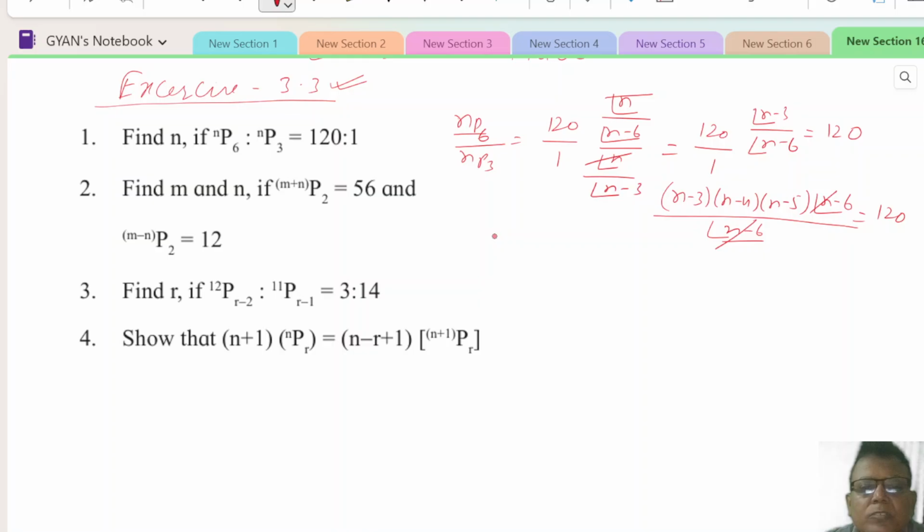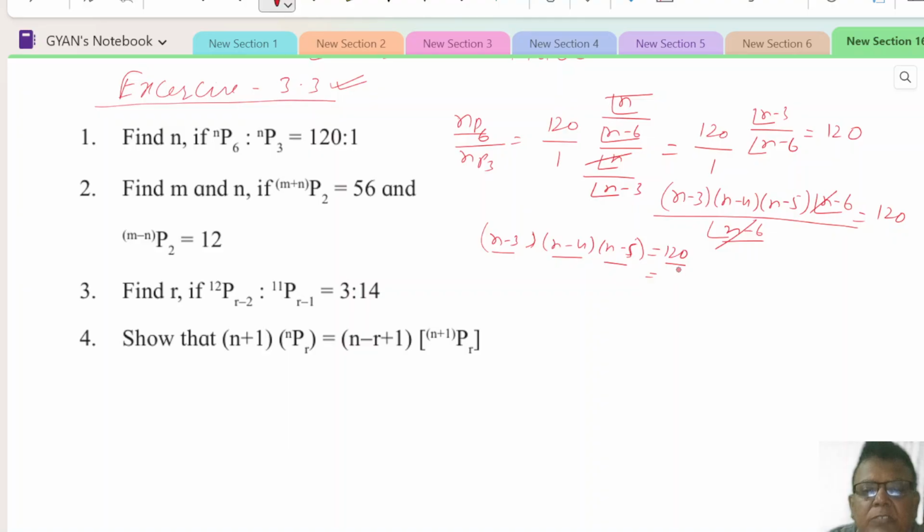So now n minus 3, n minus 4 and n minus 5 is equal to 120. If you open the bracket, then it will be a cubic equation, so it will be very difficult to solve. But one thing we can observe, these all are consecutive numbers. So we can also factorize in such a way that there should be only three factors and consecutive. Then we can easily say what n minus 3 is.